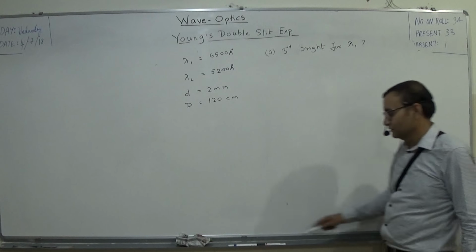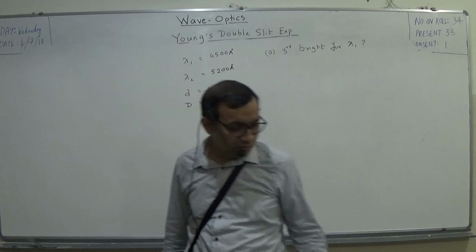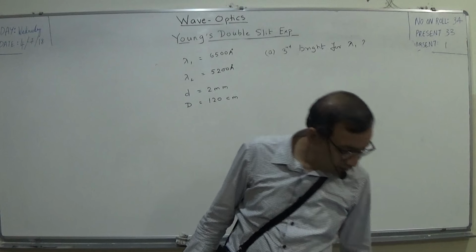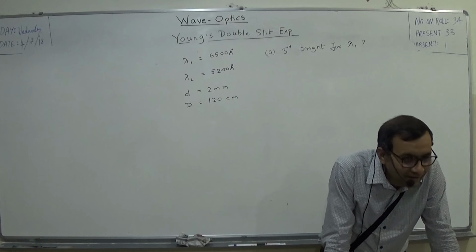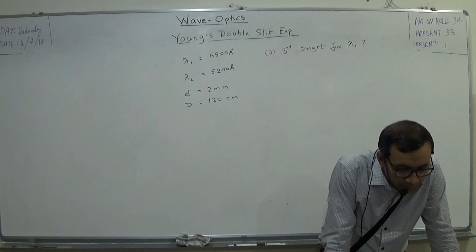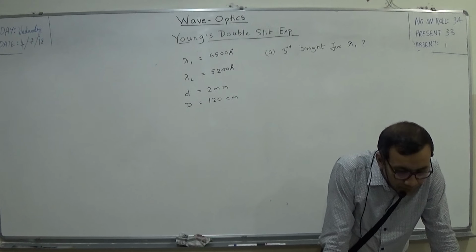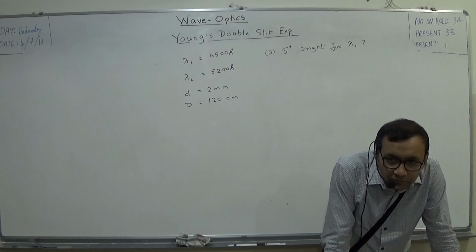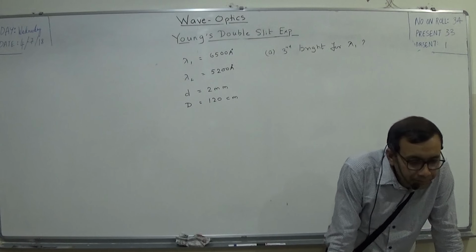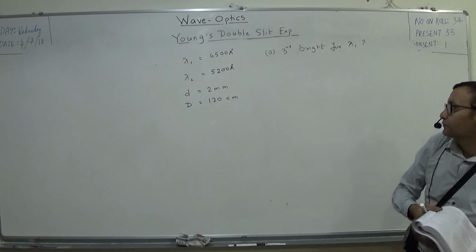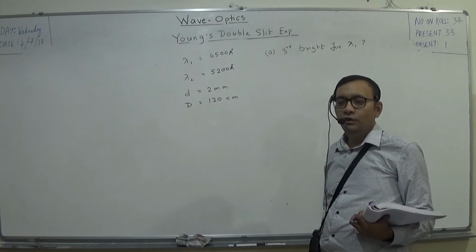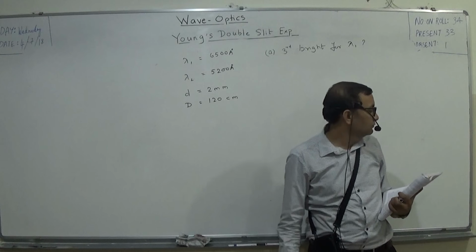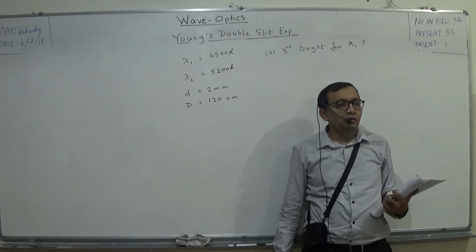Yes, the answer is 1.17 into 10 to the power minus 3. Did you get it? So 1.17 into 10 to the power minus 3.